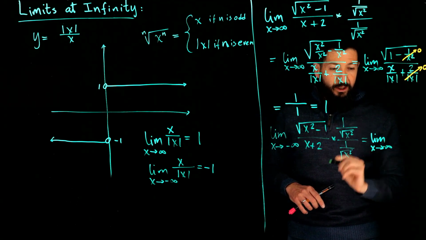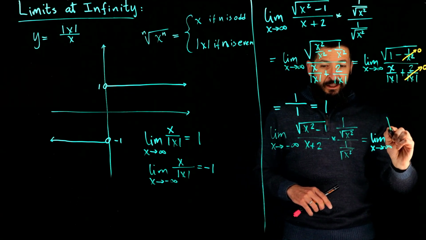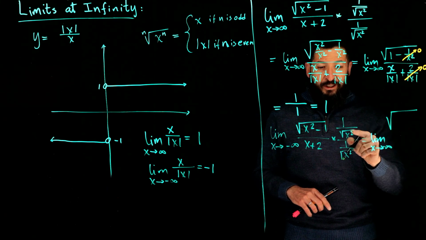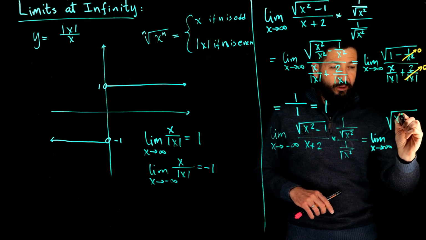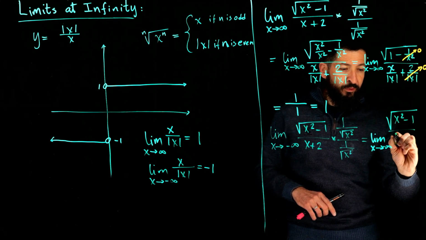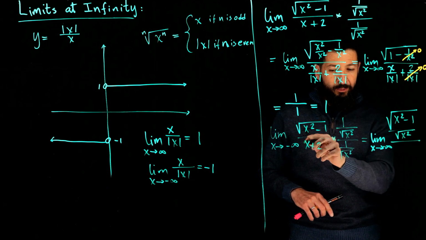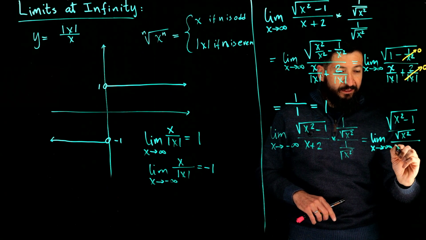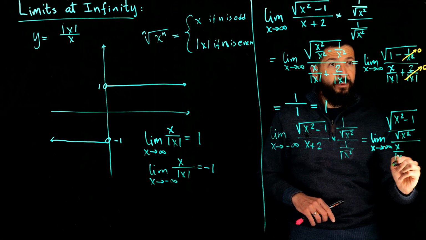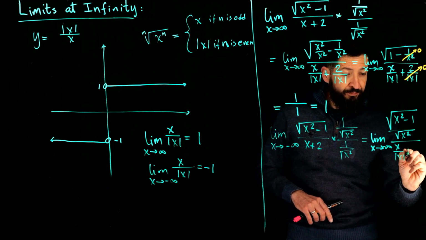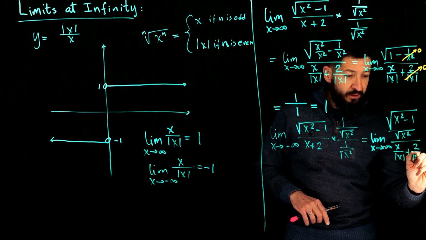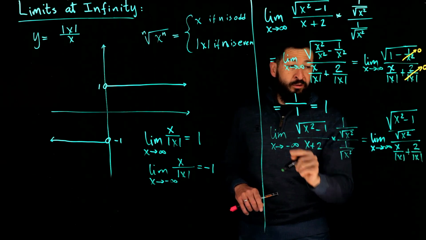Negative infinity as well. So whenever you put it in, what happens is you can write this as the square root of x squared minus 1 over the square root of x squared over, and this one right here I'm just going to write as I had it. This one there is not much to do but to distribute it.